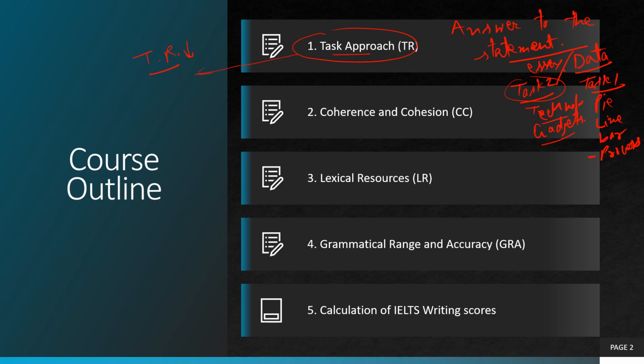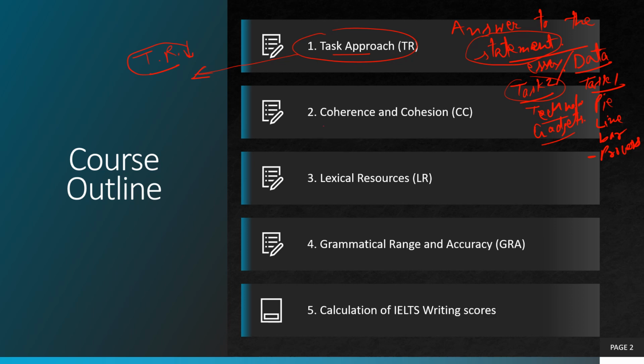Next, when you are going to answer any question, you must be aware of what they are asking in the question statement. So reread the statement when you are going to write every body paragraph in the writing module.